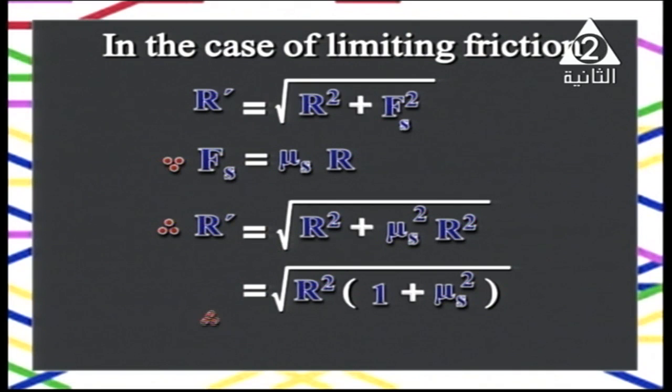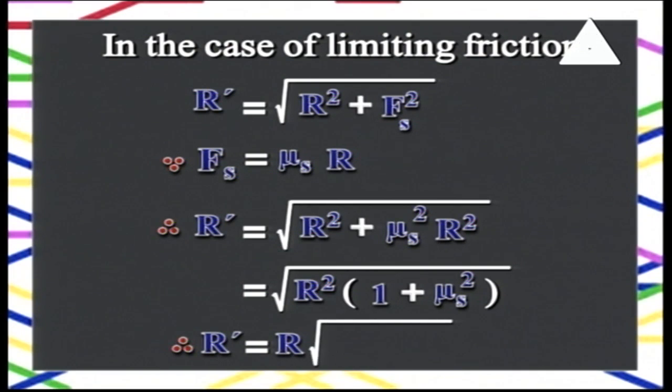Then R dash, the resultant reaction, equals R square root of 1 plus mu s squared.